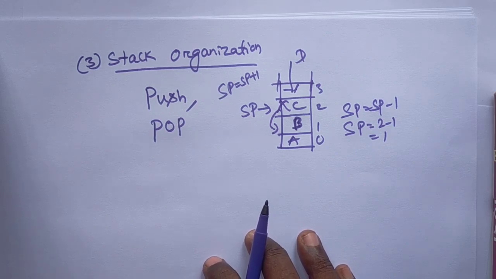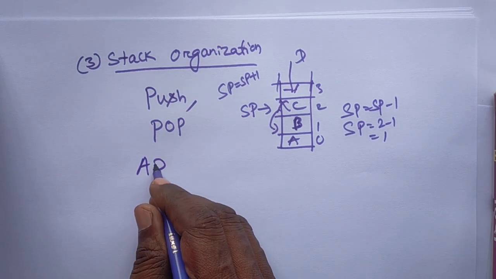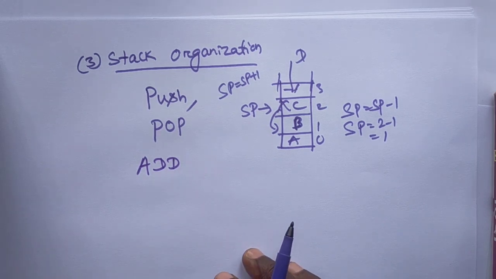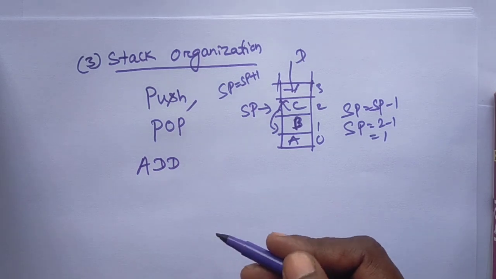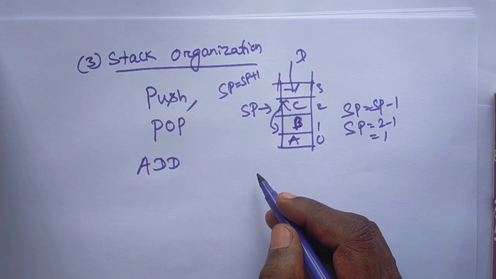I have already explained this part. Whenever you go through any kind of operation, for example add, it just takes the top 2 positions of data.